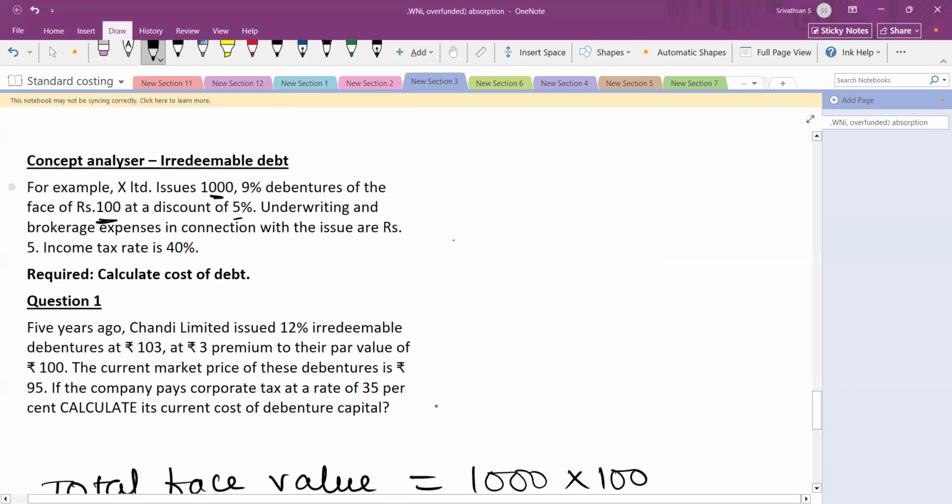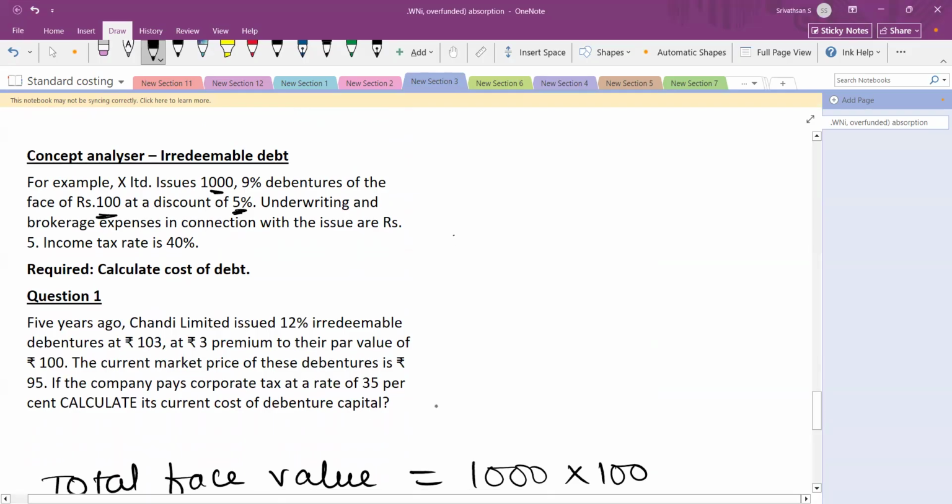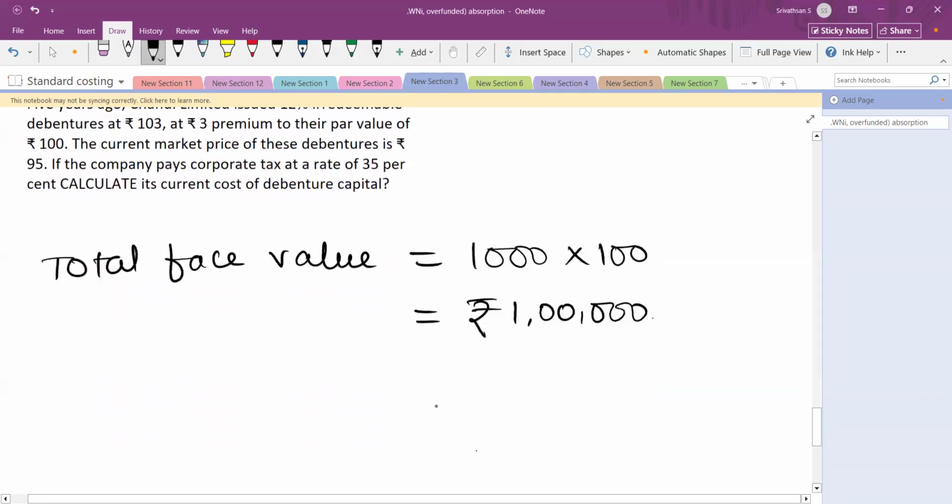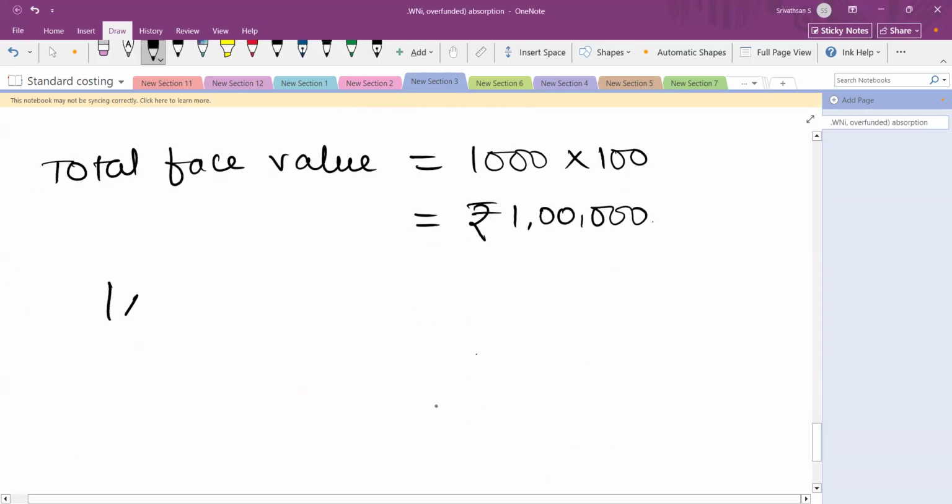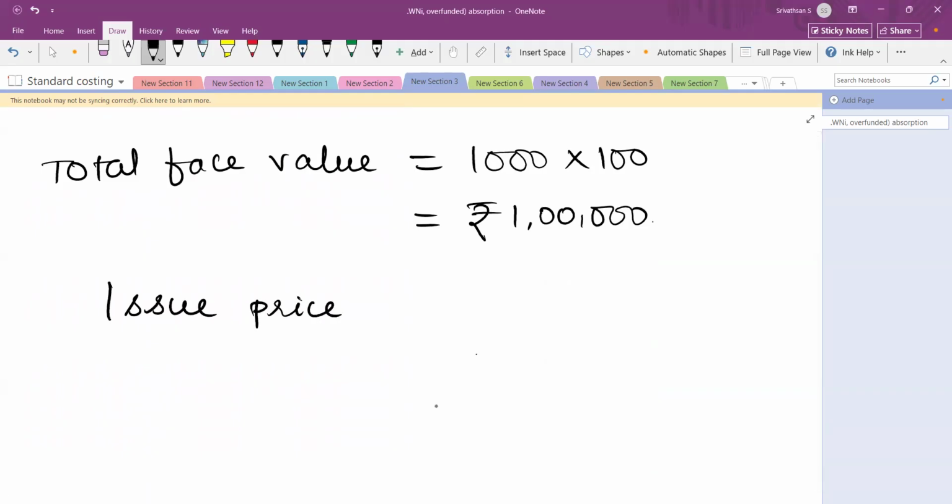Now the debenture is issued at a discount of 5%. So here, let's calculate the issue price of the debenture. The debenture is issued at a discount of 5% and underwriting brokerage expenses in connection with the issue is rupees 5, which means issue price of one debenture is equal to face value is 100 and upon face value we took a discount of 5%.